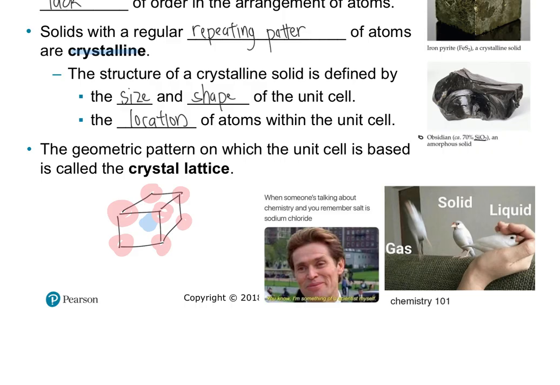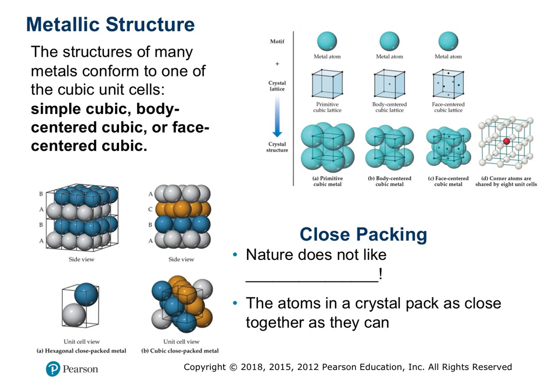You do not need to really know a lot about what the unit cell is, but I do want you to know that a crystal lattice is made up of lots and lots of unit cells, and we'll look at that on the next slide. So here are some examples of unit cells.